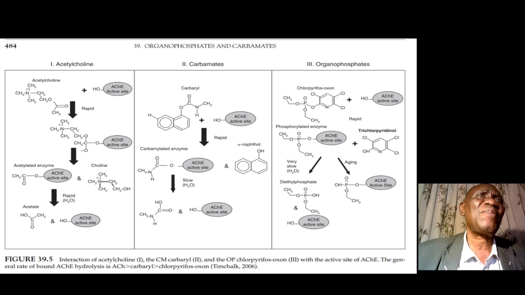So indeed, carbamates and organophosphates tend to share a more or less similar mode of action.